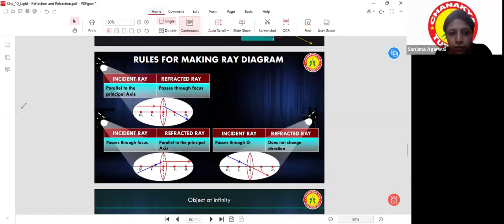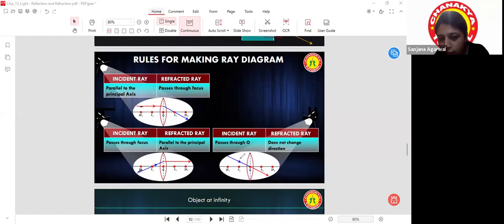The rules are similar. Now just have a look at how the rays will pass. If the incident ray is parallel to the principal axis, because refraction is taking place, it will not go back in the same medium, but it will pass on the other side, passing through the focus. Next rule says, if the incident ray passes through the focus, then it will go straight, parallel to the principal axis.